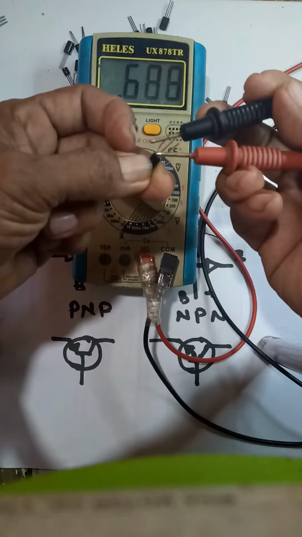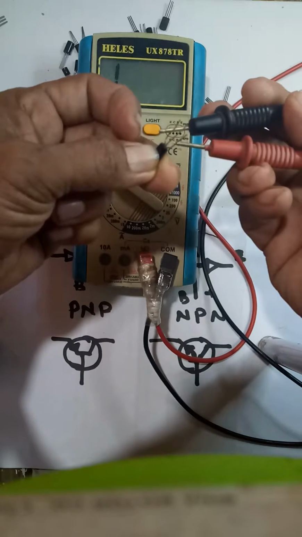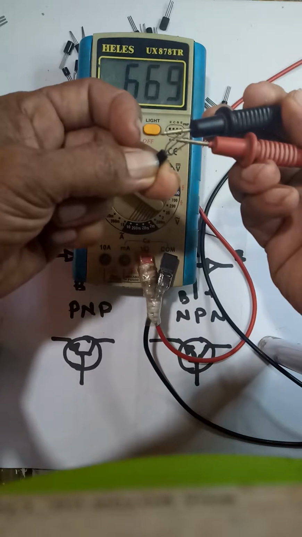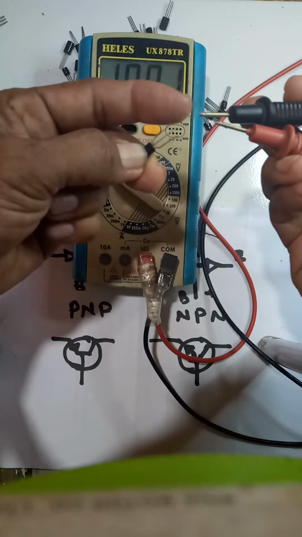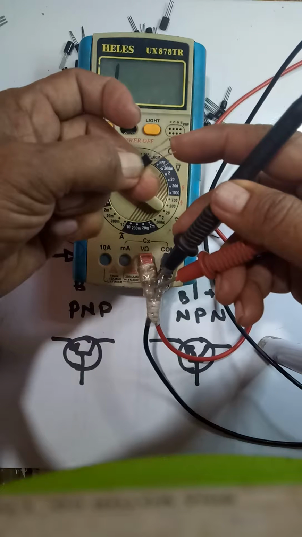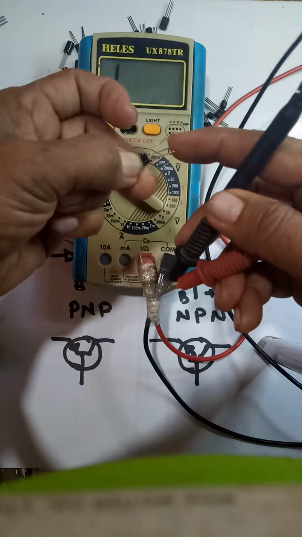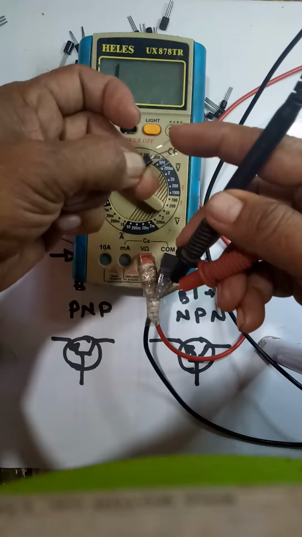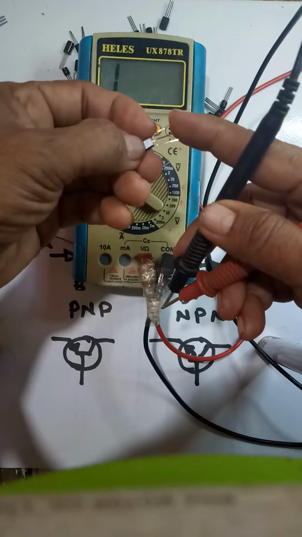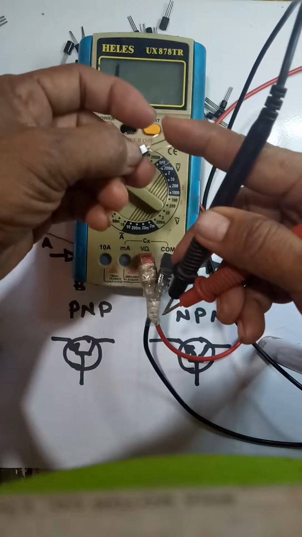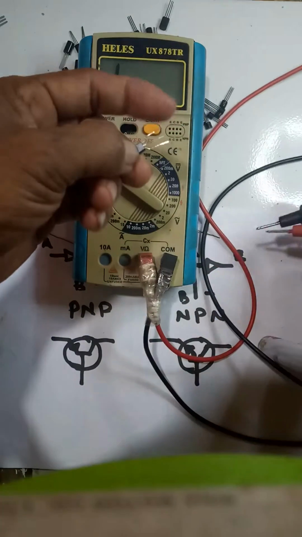This pin has the lower reading, so this must be the collector and this the base, and the type of this transistor is PNP.